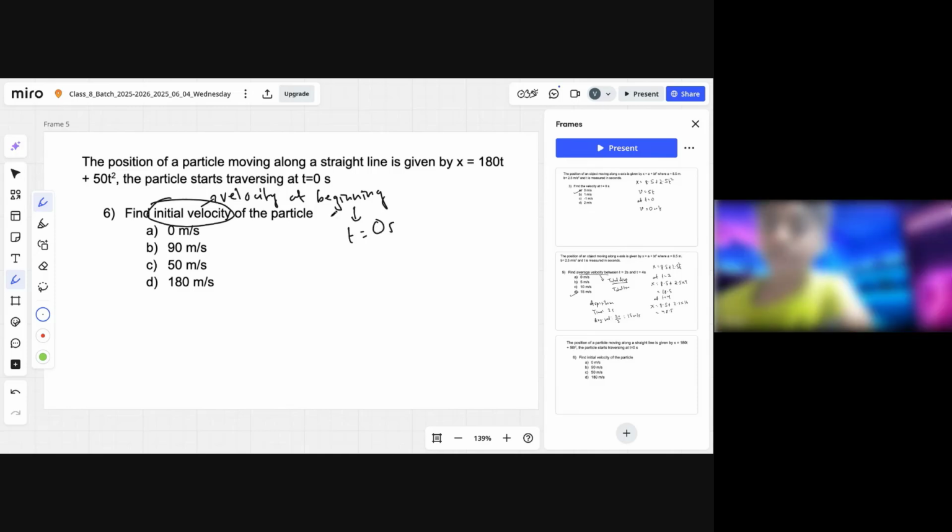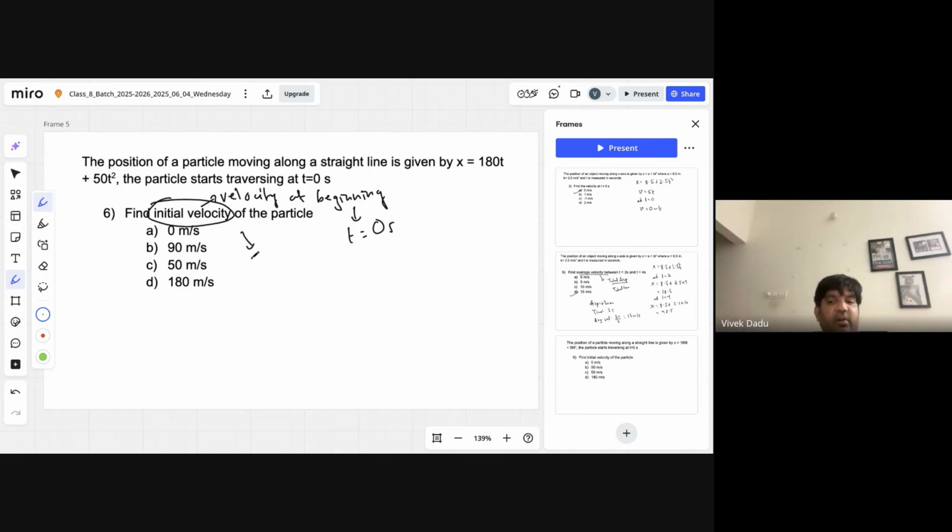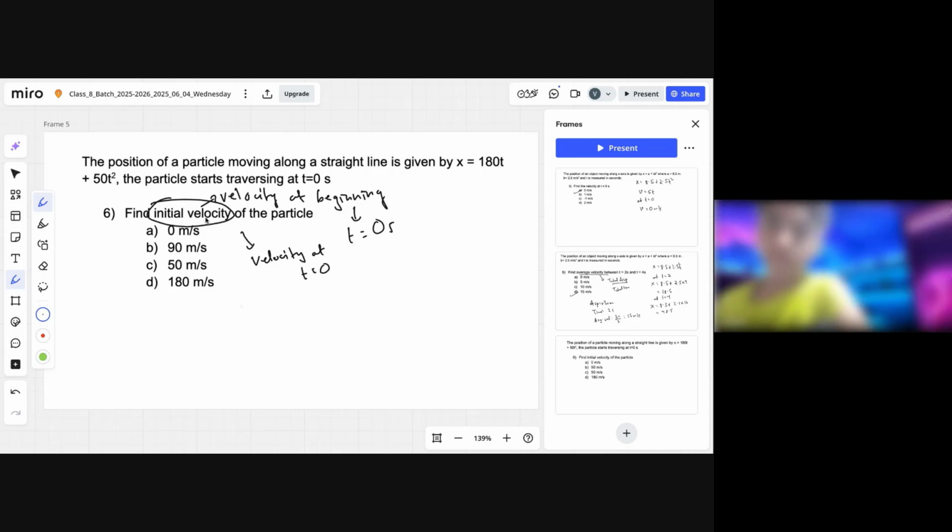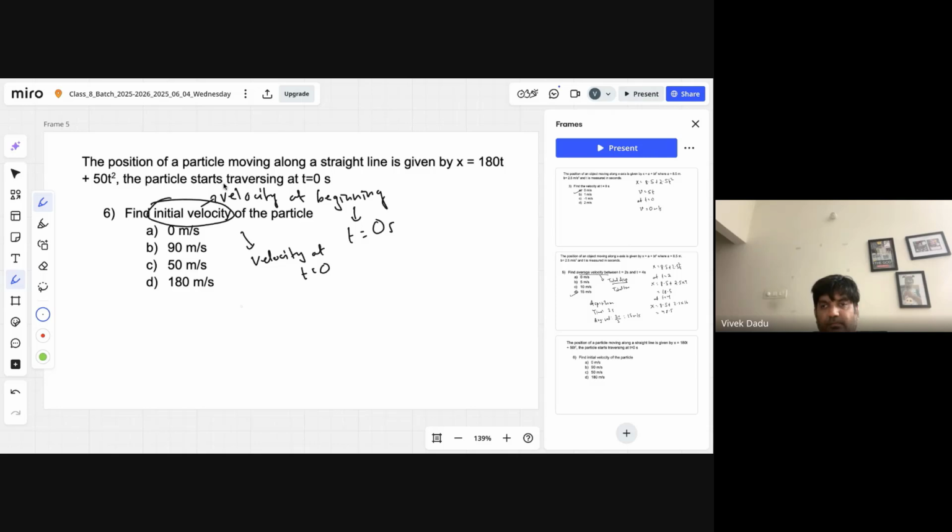So basically they are asking velocity at t equal to 0.